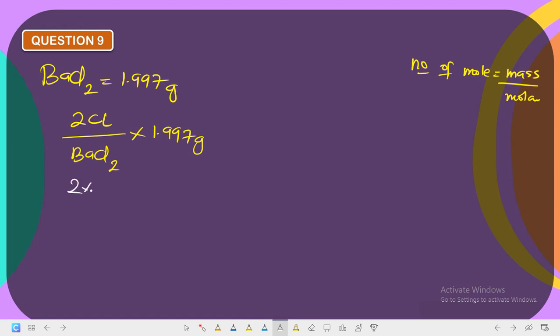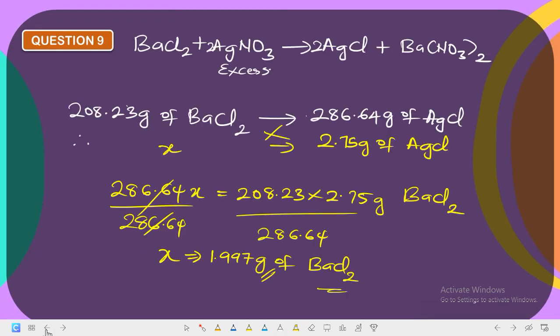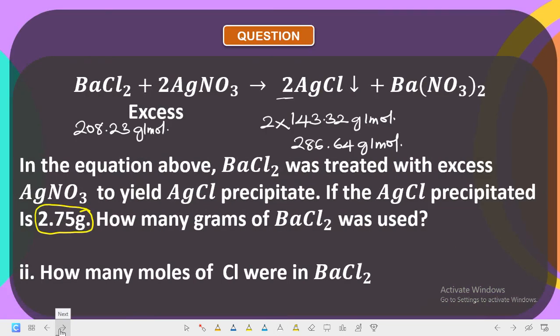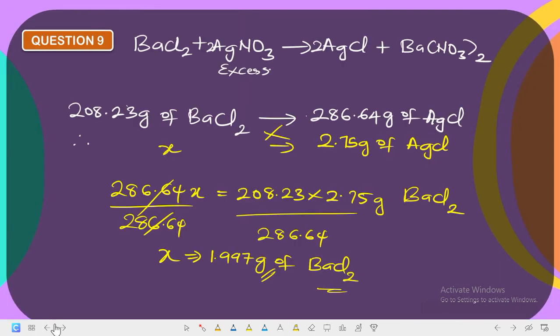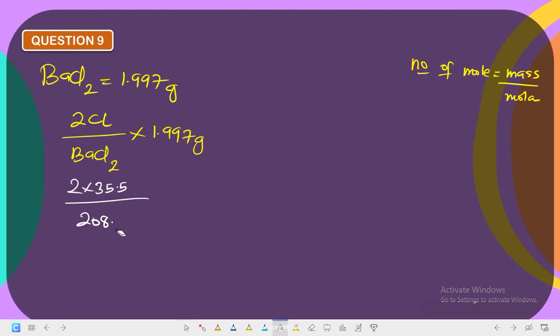This becomes 2 times the atomic mass of chlorine, 35.5, divided by the mass of barium chloride given in this question, 208.23 grams, times 1.997 gram.